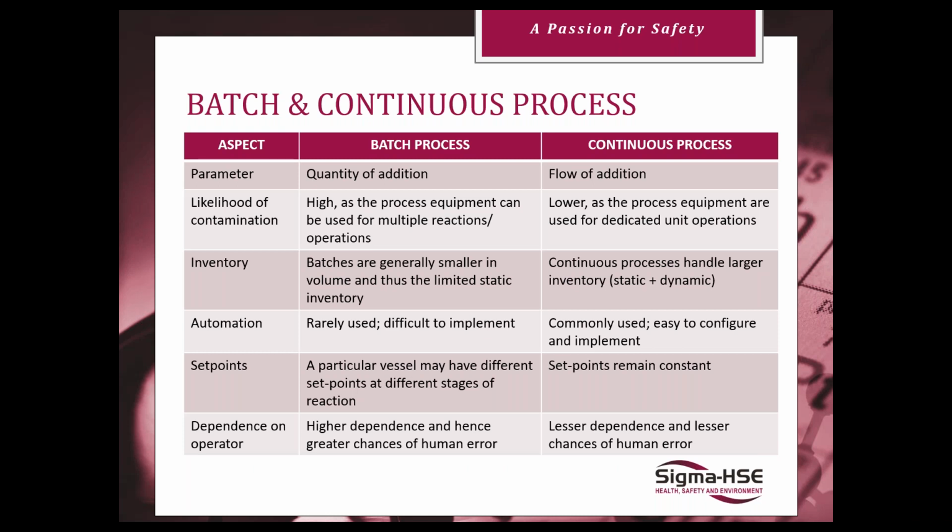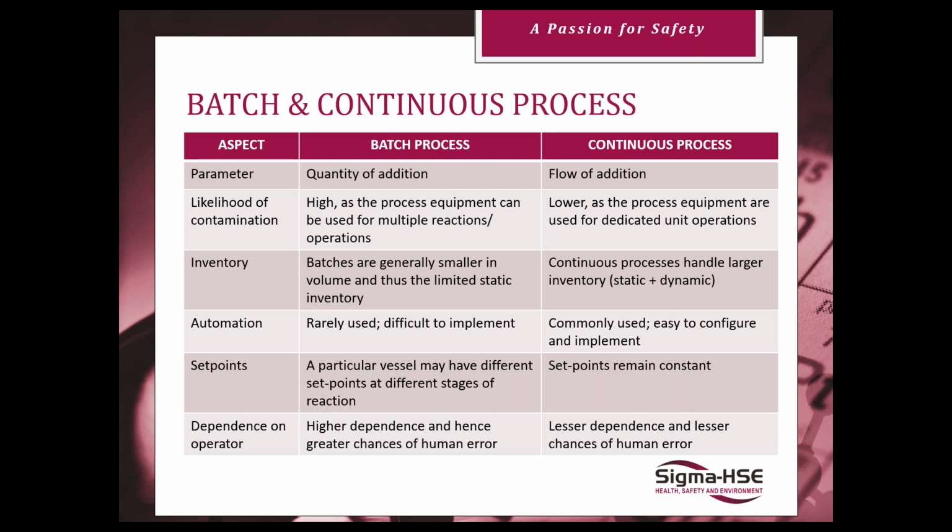Automation: a batch process is most likely going to be a manual operation, whereas with continuous processes, very rarely is it more manual than automated. And set points: depending on your batch process, you could have multiple set points for a single vessel as you step through a process, whereas in a continuous process, the set points for a piece of equipment normally remain not static, but within the same range as it progresses.